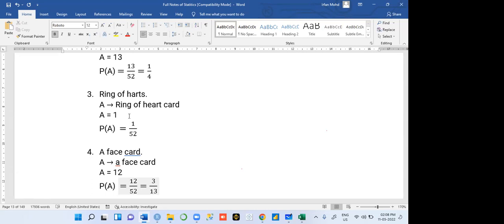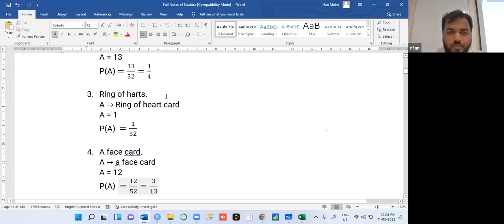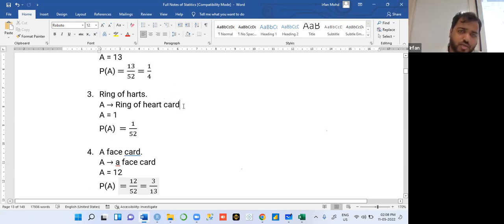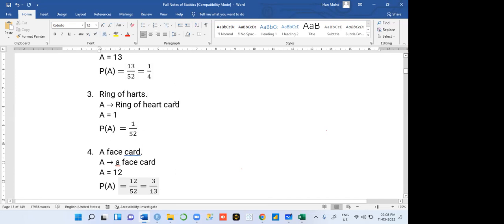Sir, one small doubt. Is there any link between programming and stats? I mean, this looks like normal maths problems. This is normal maths only for the time being. I'll increase the level. Okay, okay sir. These are the basic ones.